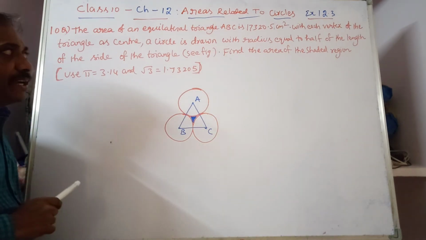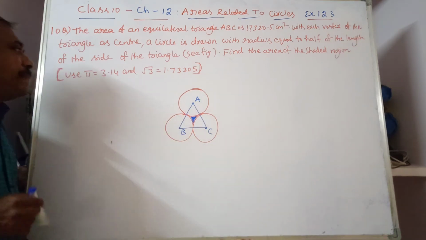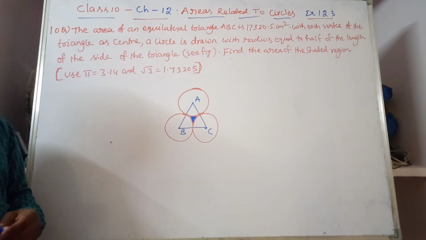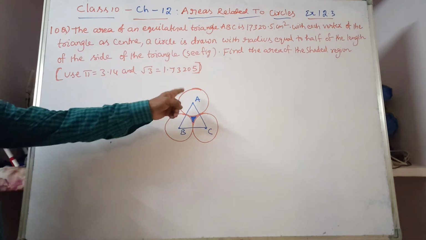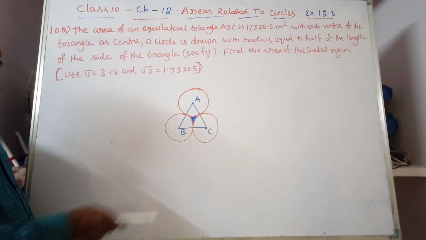You can observe in the figure. Find the area of the shaded region. Use pi value as 3.14 and root 3 value as 1.73205. So area of the equilateral triangle is given and we have to find the area of the shaded region.